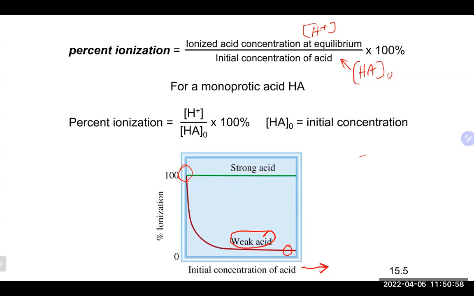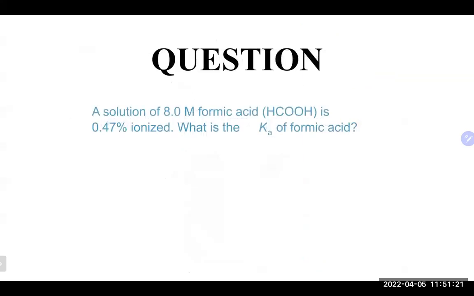You take one piece of pizza, the whole box, it's not that much. But if we're starting with a very small initial concentration, that percent ionization is much, much higher, because it's obviously a greater proportion of what you're starting with. And again, that's basically why in some cases the assumption works okay, and in some cases it will not work exactly right. So let's take a look at this and see how we can use this information to solve for certain things.